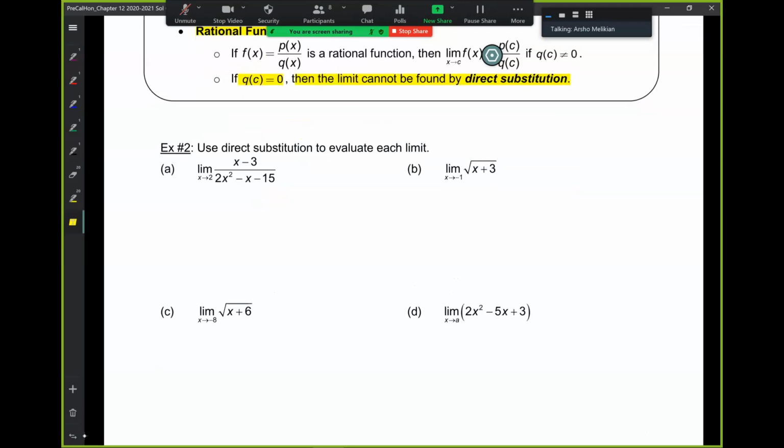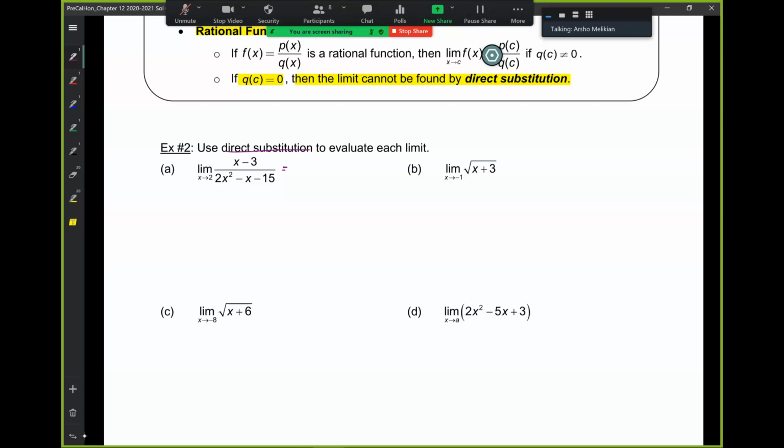All right, let's see what we can do here. This one says to use direct substitution to evaluate each limit. So here's what you do. You want the limit as x approaches 2 of this. Direct substitution means literally just plug in 2 for every single x value. Now, this is the big one. This is where people lose points. The placement of the limit symbol is super, super important.